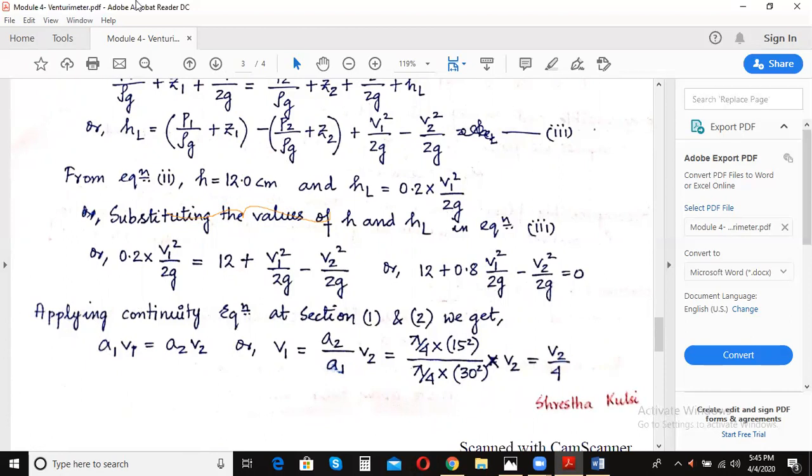It is nothing but area into velocity. Discharge Q is given as area into velocity. So at section 1, area into velocity will be equal to the area into velocity at section 2.